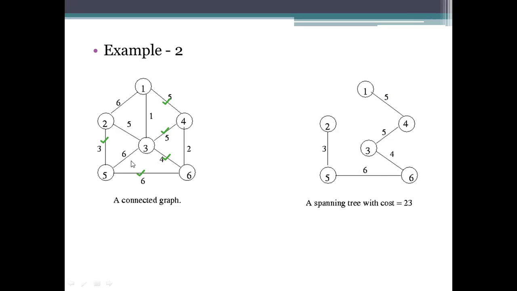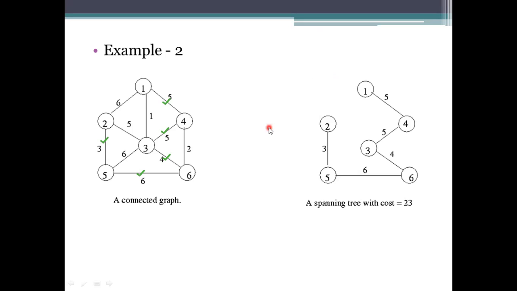How many edges are there? 5 edges. How many vertices are there? 6. So the minimum number of edges we use is vertices minus 1. What is the cost of this spanning tree? Add all the edge weights. So that is the first one.